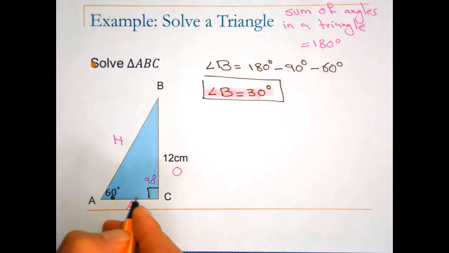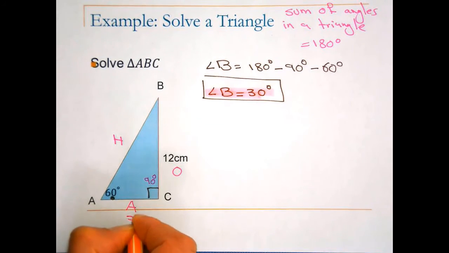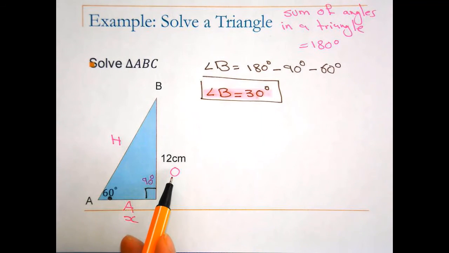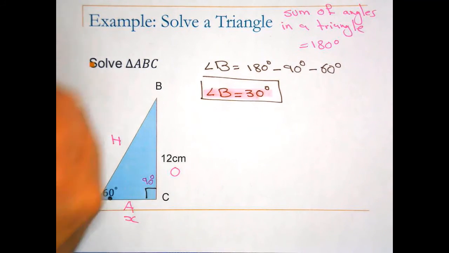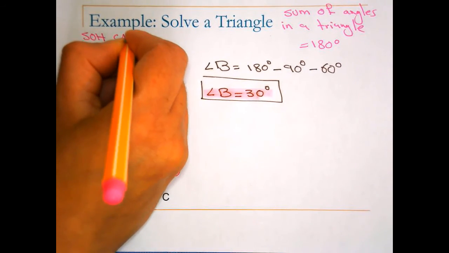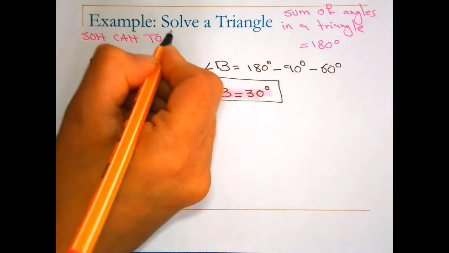Let's say I want to start by finding this side, so I call this X. I have adjacent and I want opposite. O and A, if you remember from our SOHCAHTOA, means tangent.